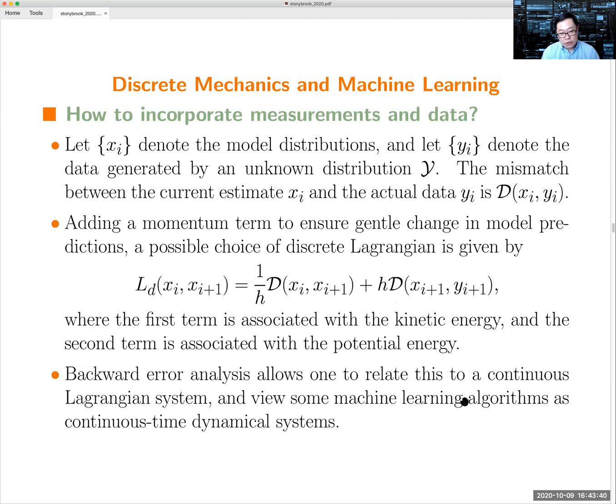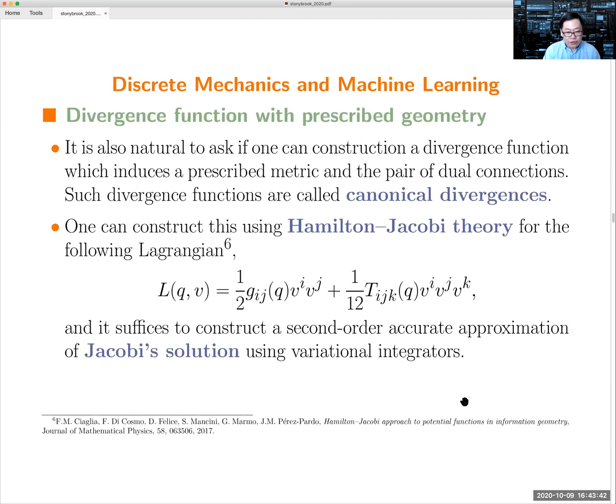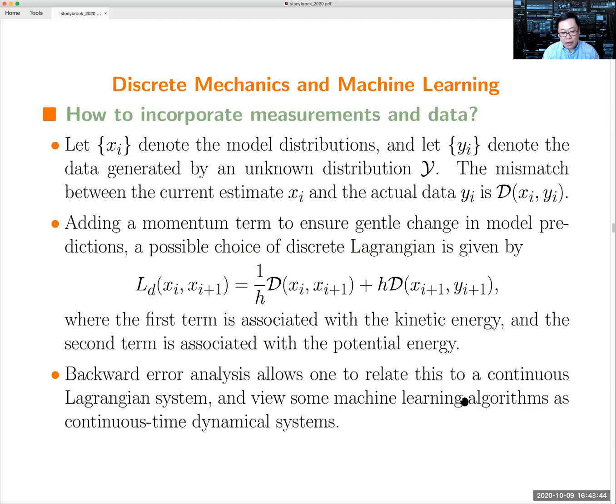All right, so right now we've just talked about metrics and geodesic flows. You might ask, how do you incorporate measurements and data? Imagine you want to do some sort of data assimilation, where you're trying to update a prior with data in a way which minimizes the mismatch between the posterior and the data.